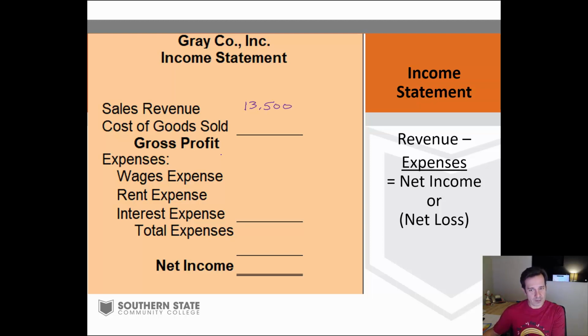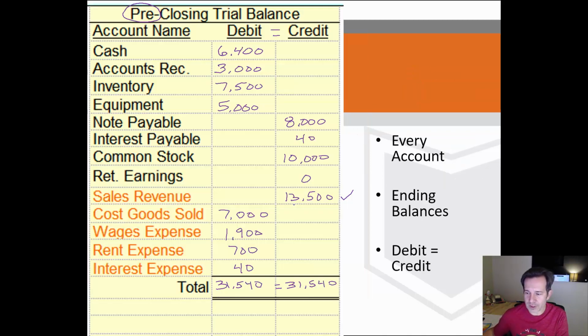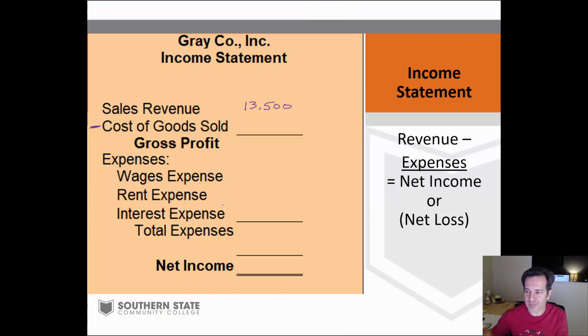We're going to subtract from that revenue our cost of goods sold. We're subtracting that out. What did we pay for the inventory that we sold? Well, cost of goods sold, 7,000. We're subtracting that out, minus 7,000.